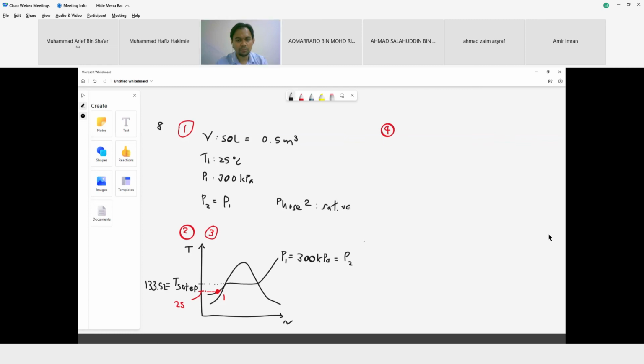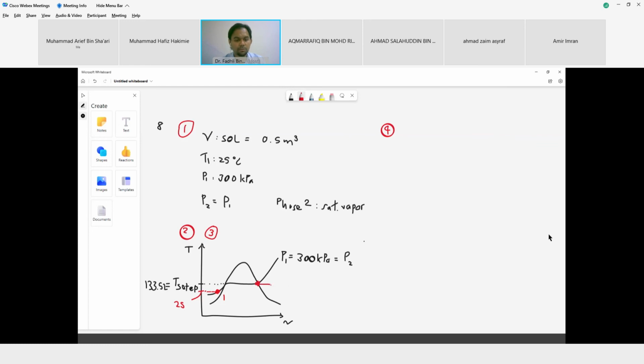Ini clue yang penting. Entire liquid vaporized, that is saturated vapor. Keseluruhan substance meruap. Since phase 2 is saturated vapor, then we can plot point number 2 here.